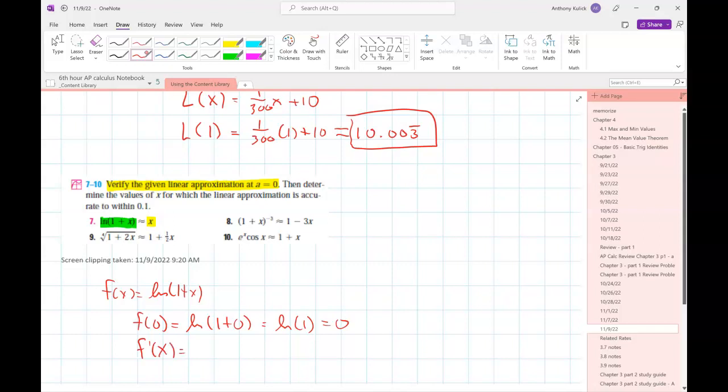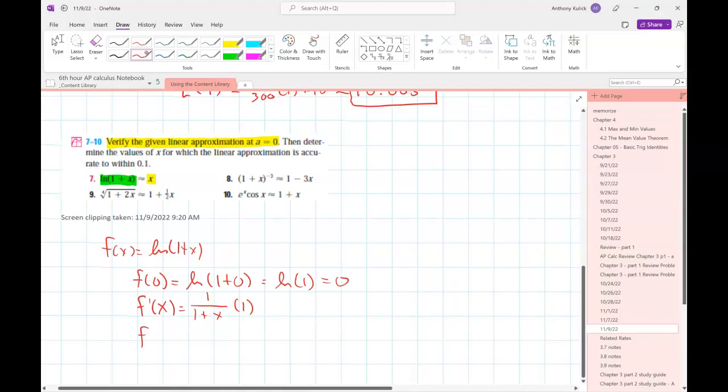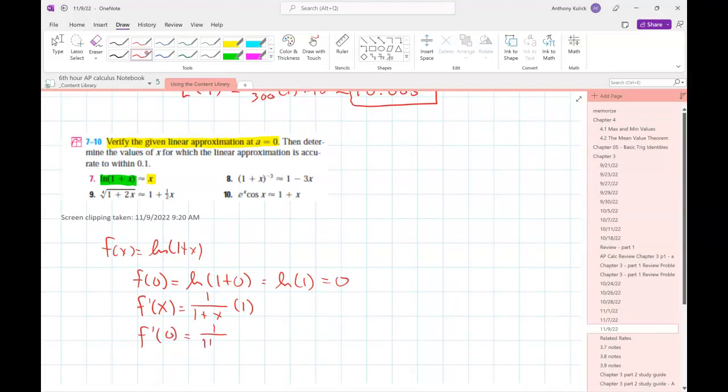So the derivative of the natural log of 1 plus x is 1 over the inside times the derivative of the inside. Okay, no big deal there. And then if I do f prime of 0, I get 1.